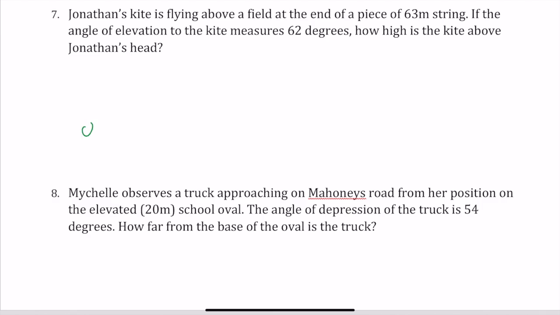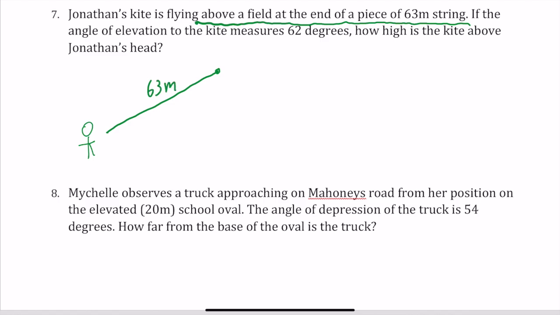This is Jonathan. And this is a kite. So the kite is above the field, at the end of a piece of string that is 63 meters.